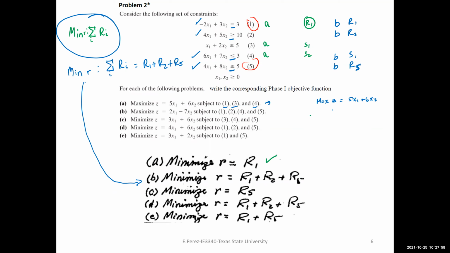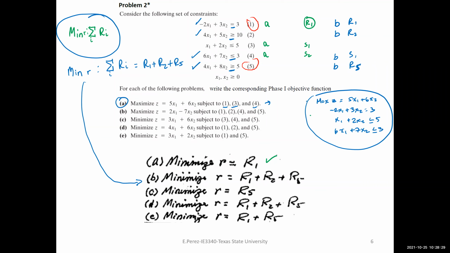So you are formulating this problem: minus 2x1 plus 3x2 equals 3, x1 plus 2x2 less than or equal to 5, and then 6x1 plus 7x2 less than or equal to 3. So for this first part, this is your formulation.